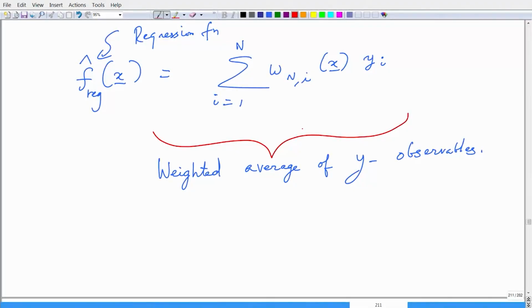So, I write it down in this form, it is summation I equals 1 to capital N, this is the weight and this is the observable, and this weight depends on xi, because this is a weighting function for the point xi.